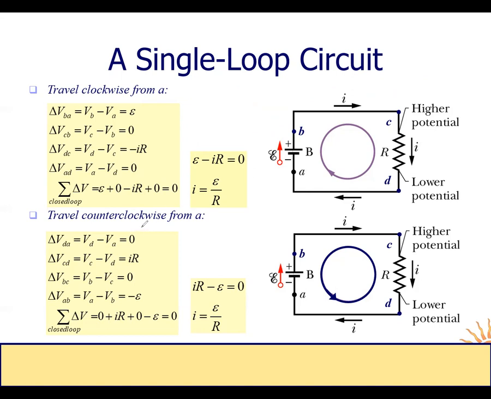Now let's take the counterclockwise direction from A. We can say A to D to C to B to A. Let's start from A to D. You know, summation of delta V equals, we start, delta V AD plus delta V DC plus delta V CB plus delta V BA.